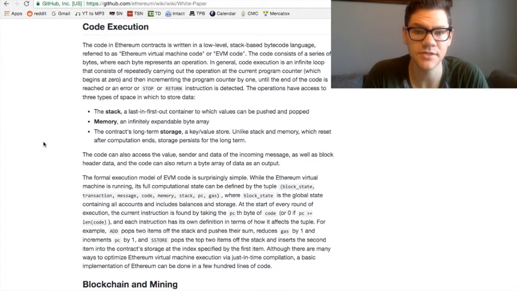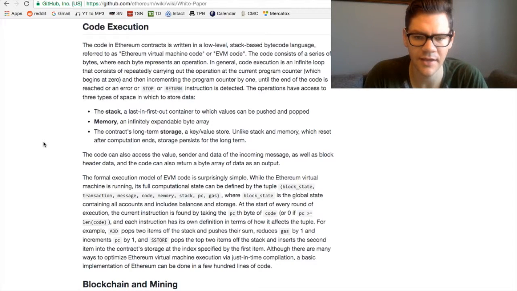The operations have access to 3 types of space in which to store data: the stack, a last-in-first-out container to which values can be pushed and popped; memory, an infinitely expandable byte array; and the contract's long-term storage, a key-value store.